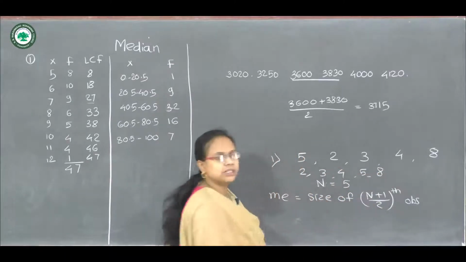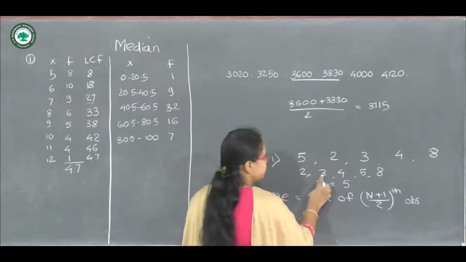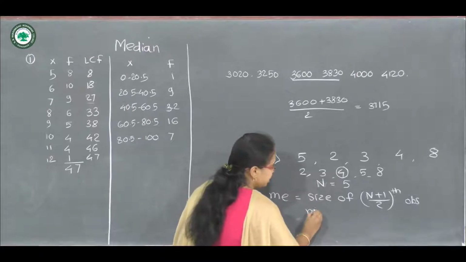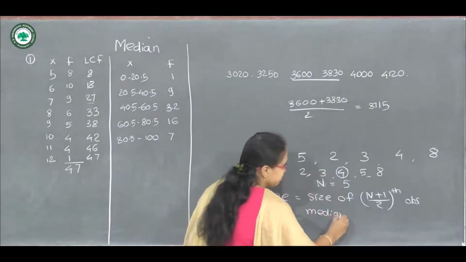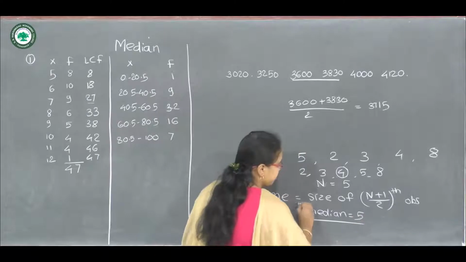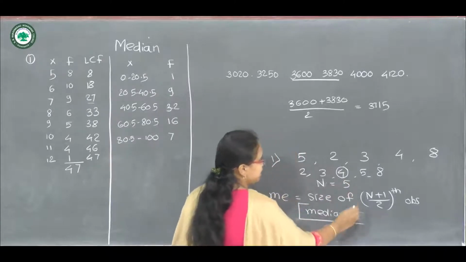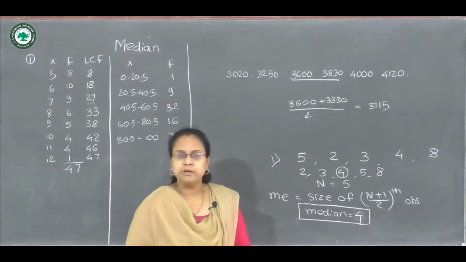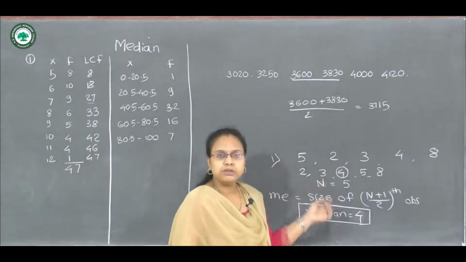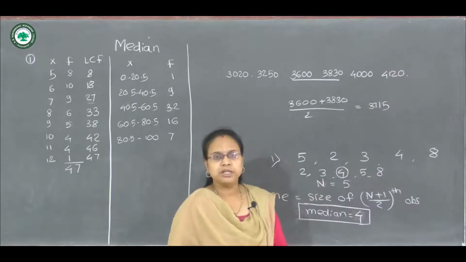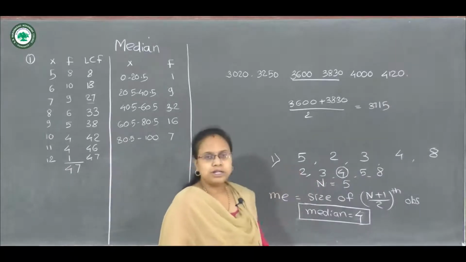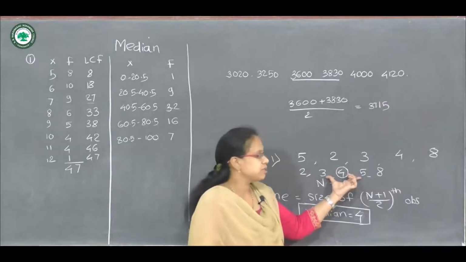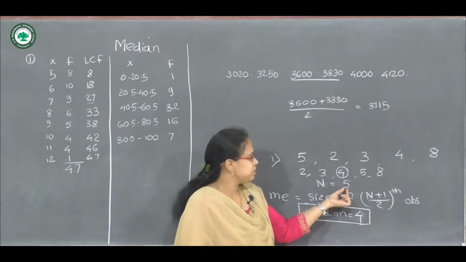Here the third observation, 1, 2, 3, is our median, so our median is 4. In this way we can calculate the median for the given ungrouped data. This is the case of an odd number of observations, that is, the number of observations is 5.